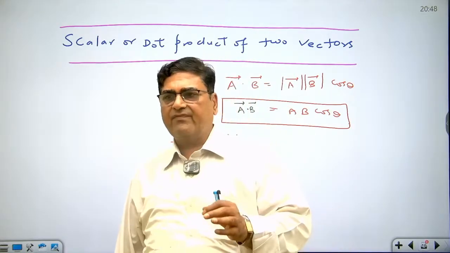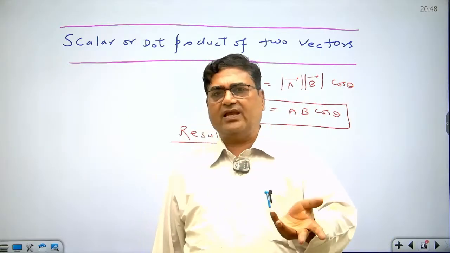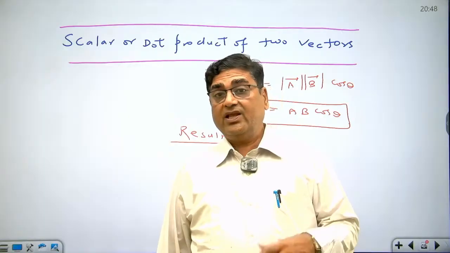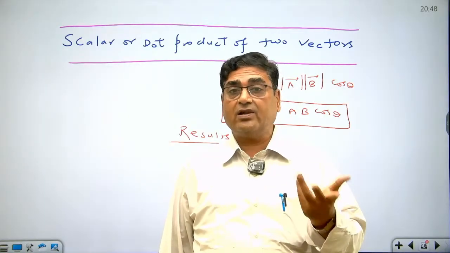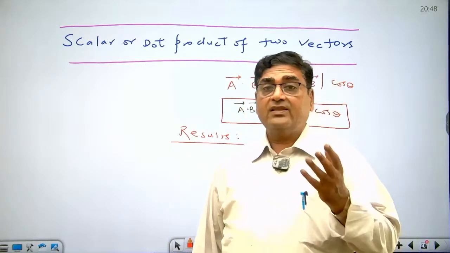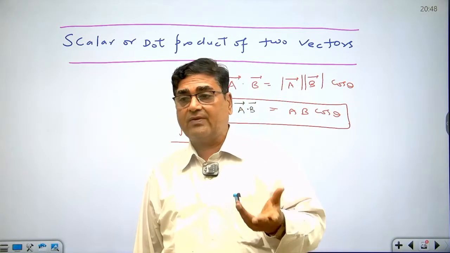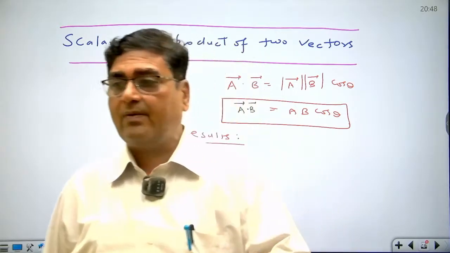In a very similar way, j cap dot j cap is also 1. In a very similar way, k cap dot k cap is also 1. Dear student, the angle between i cap and j cap is 90 degree because i cap is unit vector along x direction and j cap is unit vector along y direction. The angle between x direction and y direction is 90 degrees. So dear student, i cap dot j cap will be 0 and j cap dot k cap will also be 0 and i cap dot k cap will also be 0.